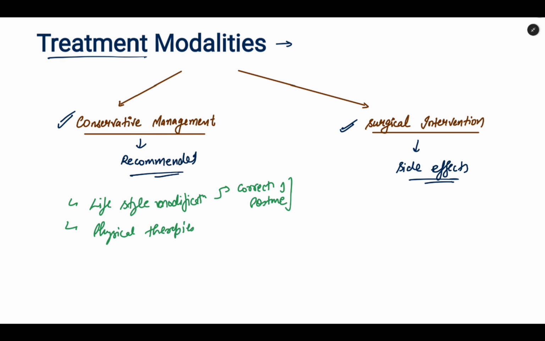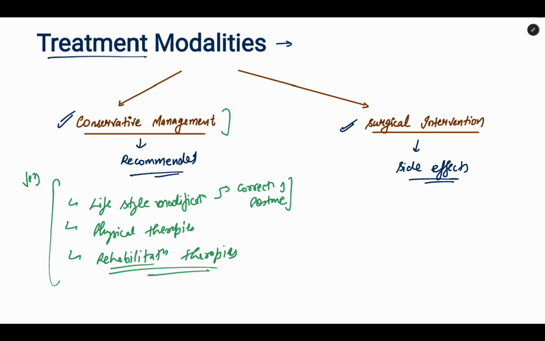These physical therapies basically aim at strengthening the muscles present around the thoracic outlet to relieve the pressure which is developing and leading to the compression of the structures. Also we can have rehabilitation therapies. So these are some of the conservative management procedures which can be used for treating thoracic outlet syndrome, and the prognosis is very good with conservative management.